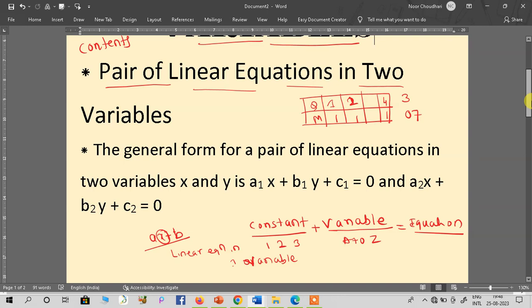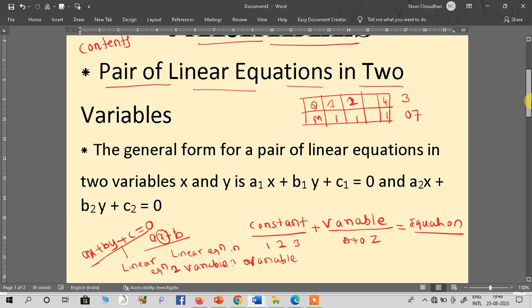Then if I take the equation ax plus by plus c is equal to 0, this equation we can say is a linear equation in two variables. So remember it.